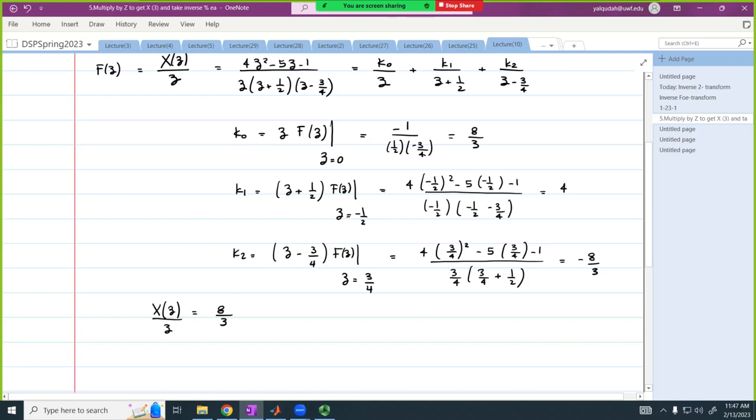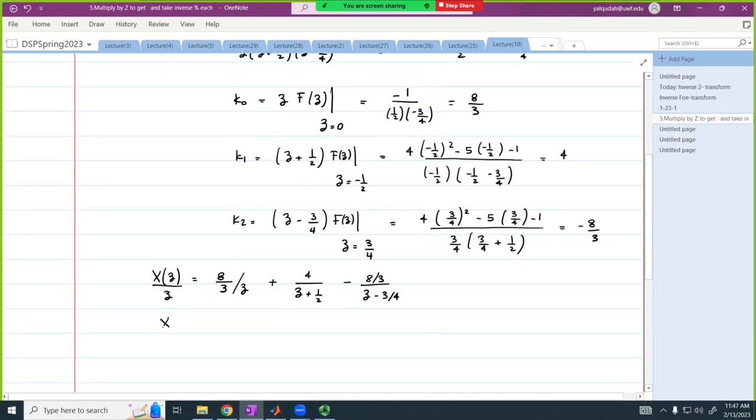So x of z over z is going to equal 8 over 3 divided by z, plus K1, which is 4 divided by z plus 1/2, plus K2, which is negative 8 over 3 divided by z minus 3 over 4. Then we're going to write x of z, and x of z is going to equal 8 over 3 plus 4 multiplied by z divided by z plus 1/2 minus 8 over 3 divided by z minus 3 over 4, multiplied by z.